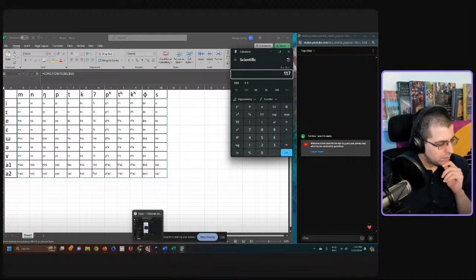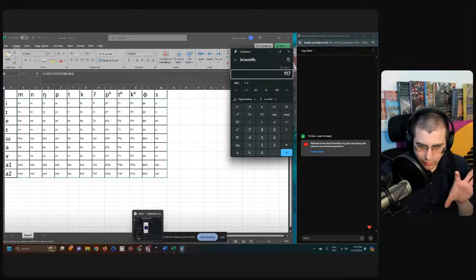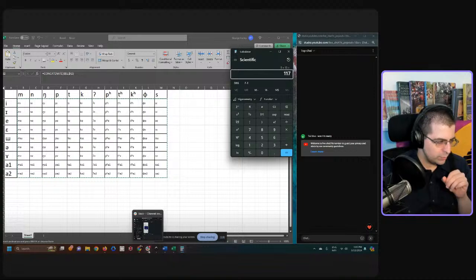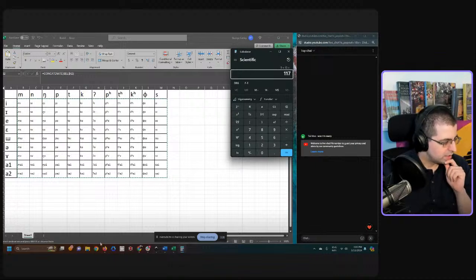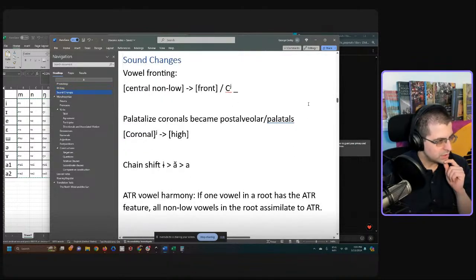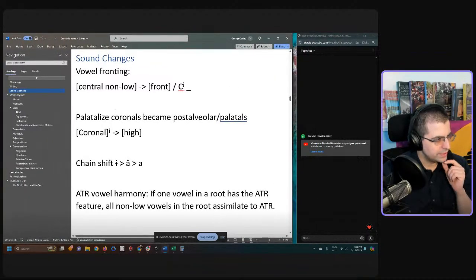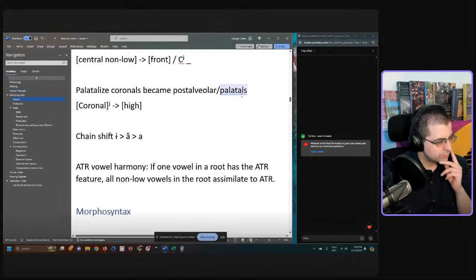we need to think about when this writing system was initiated and at what point different parts of it were initiated. So we can go down here. If we look at our sound changes, we have a fronting, and we've got the palatalization rule here.